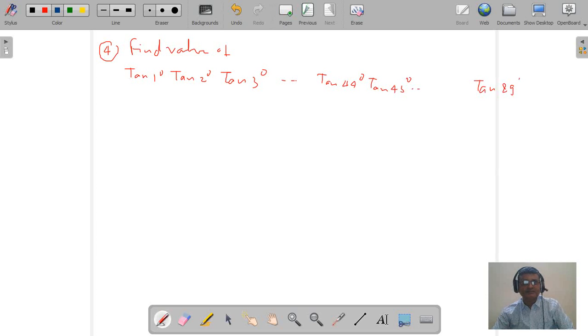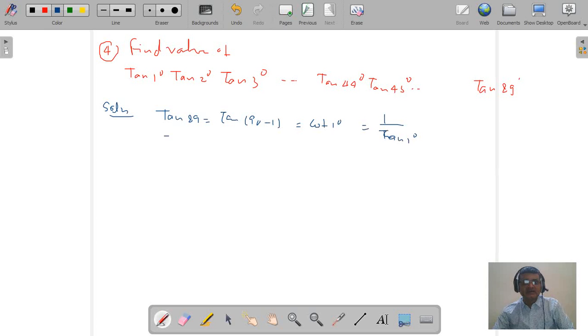So now you can see this tan 89 degree can be written as tan 90 minus 1, which is equal to cot 1 degree. Cot 1 degree can be written as 1 upon tan 1 degree.